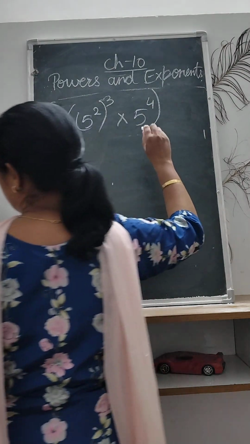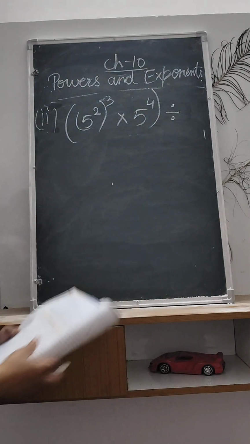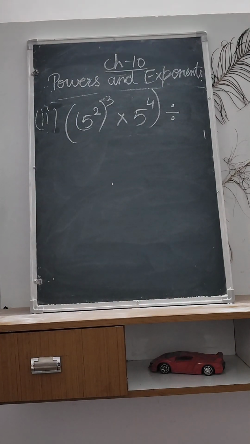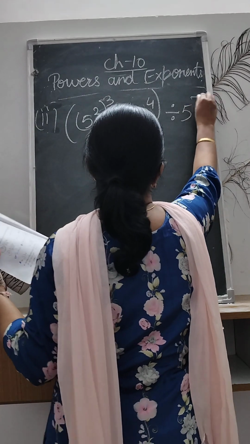Now this bracket is closed, divided by 5 raised to power 7. 5 raised to power 7.